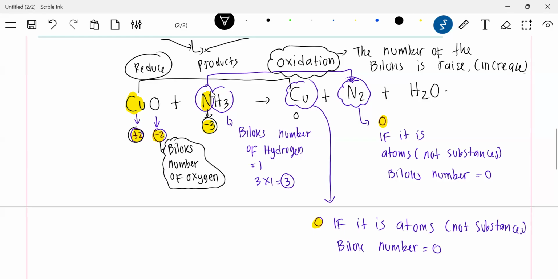If it is reduced, we call it reduction. So copper is reduction and nitrogen is oxidation. This is the basic concept of how to distinguish oxidation and reduction.